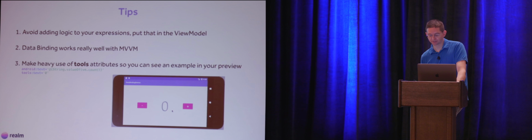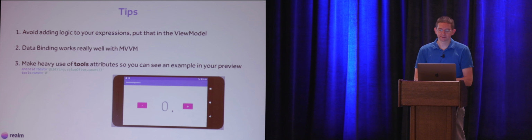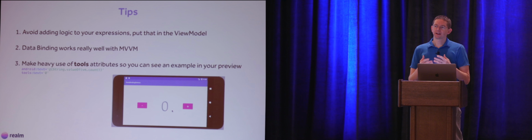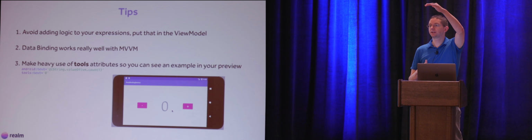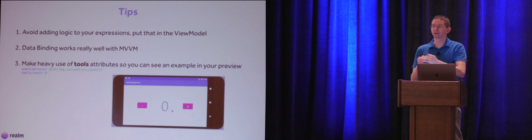And the last tip I want to leave you with is, a lot of times when you're building out your layouts, data binding is awesome. However, the error reporting isn't so awesome, and a lot of times you only see the last error of something, right? So if you have a layout that has 10 different errors, a lot of times you'll only see one of those errors, and you'll fix that one, and then you'll see the rest of the errors.